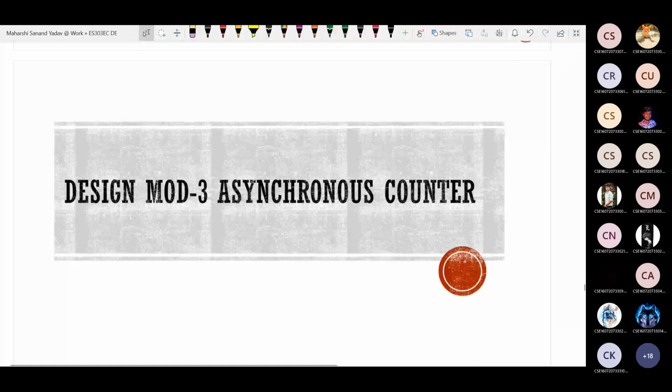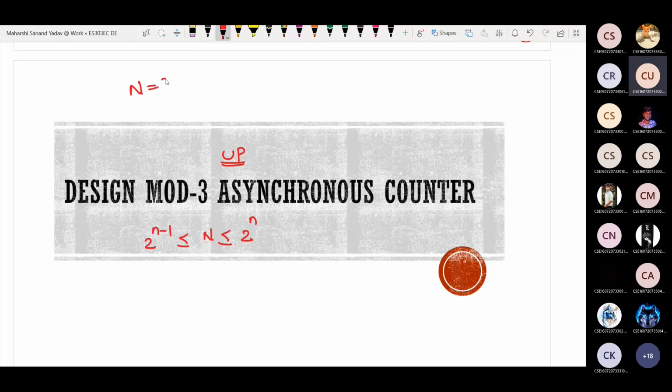I want a mod 3 asynchronous up counter. How many flip-flops should I take? Here capital N value is nothing but the given value, 3. Take n as 2 flip-flops.